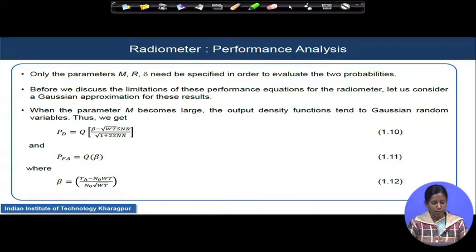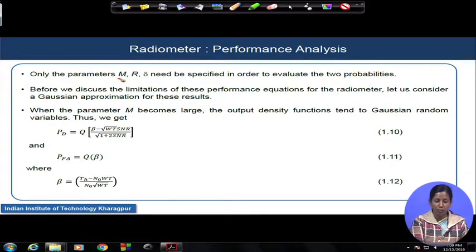Now, remember one thing, as I mentioned earlier, there are three parameters in this equation: capital M, capital R, and del. Do you remember what they are? Del was the normalized threshold, capital R was the signal to noise ratio, and capital M was the time bandwidth product.